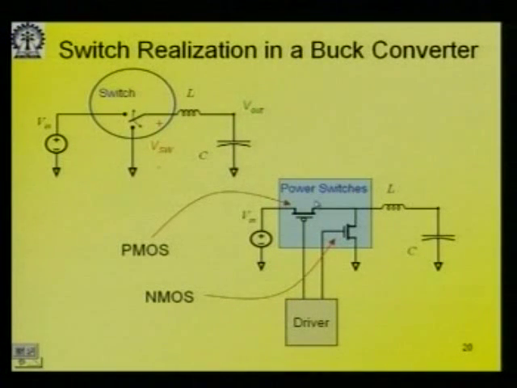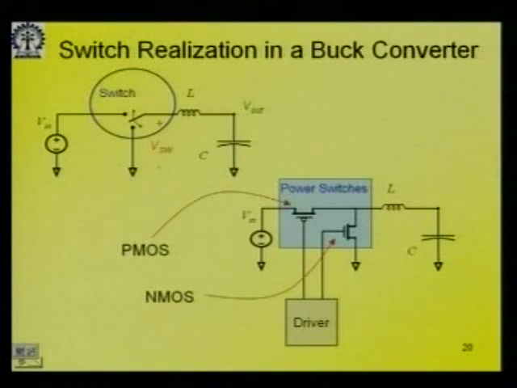And interestingly, suppose this switch has to carry a current of say a couple of amperes, it is not a single transistor. It cannot be realized with a single transistor. If you want to realize it using a single transistor, you will require a W by L which will be maybe of the order of 1 million.